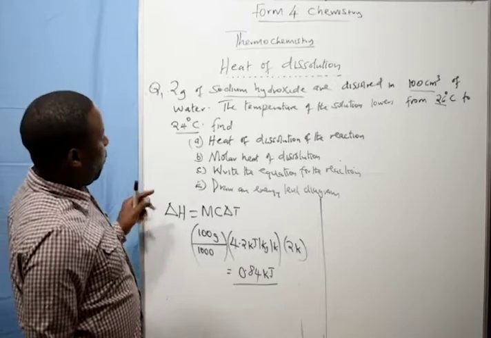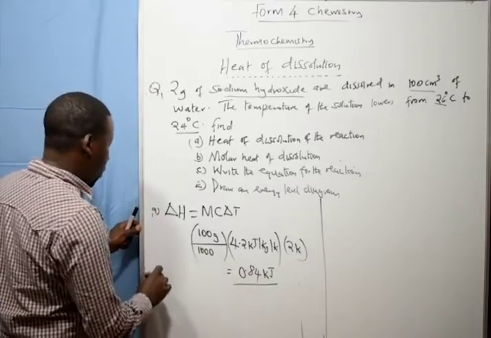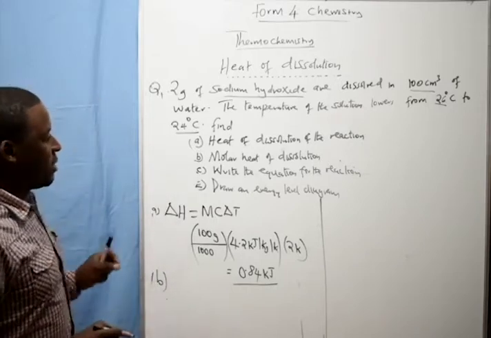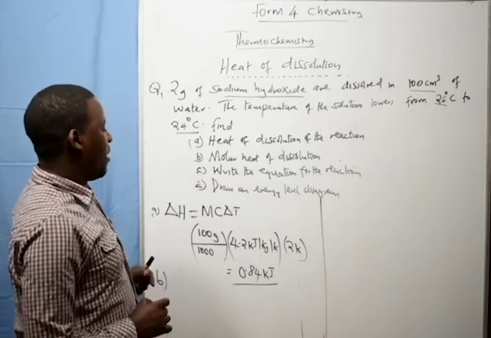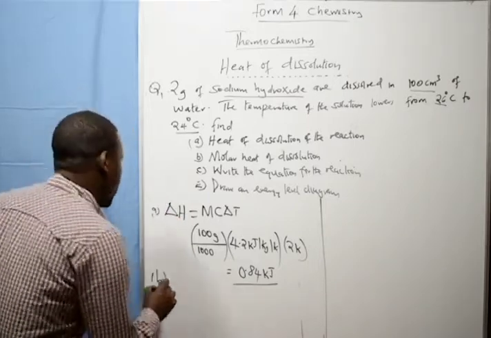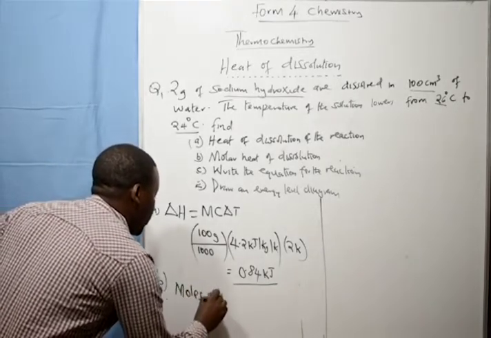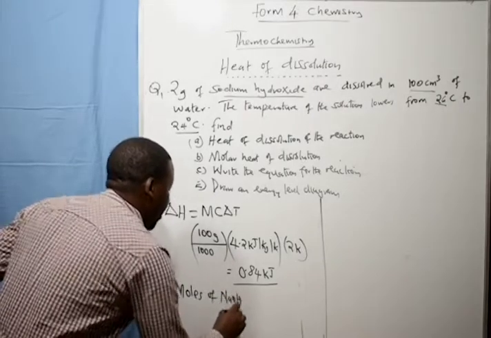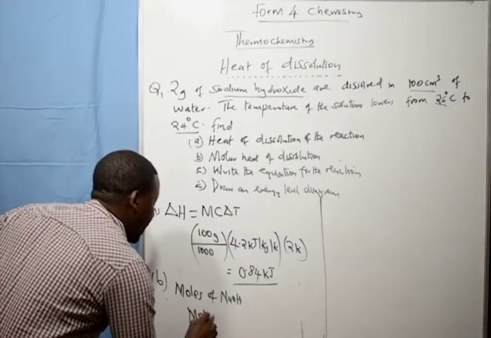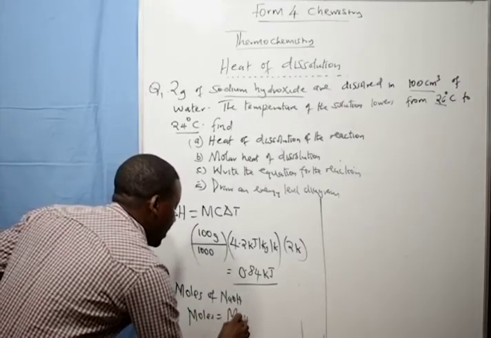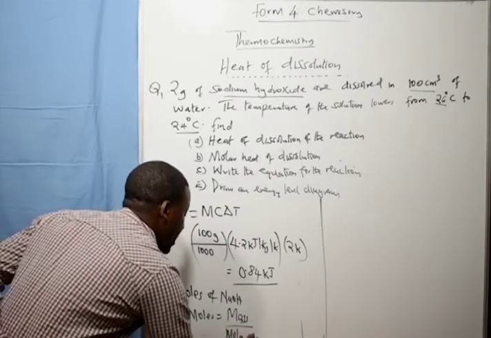Then, once you get that, we go to the second question. We are looking for molar heat of dissolution. First we find out moles of sodium hydroxide that reacted. You get moles by getting mass given divided by molar mass.